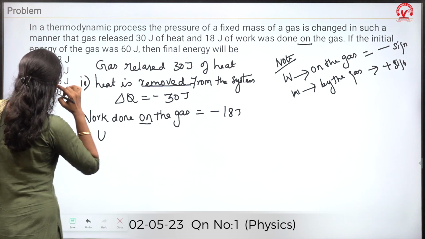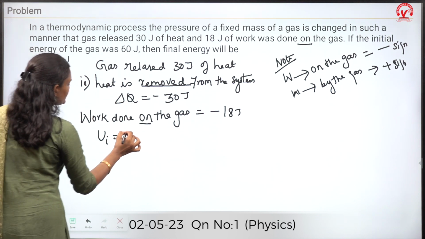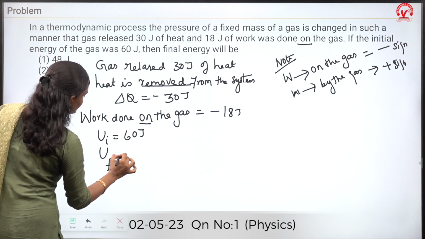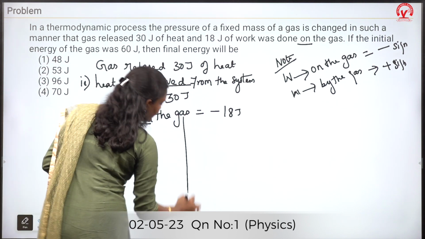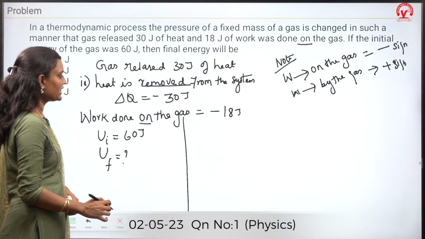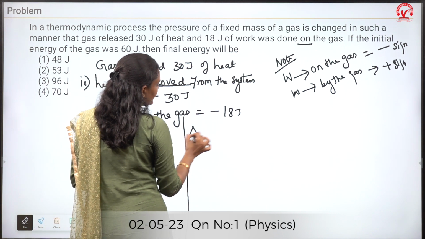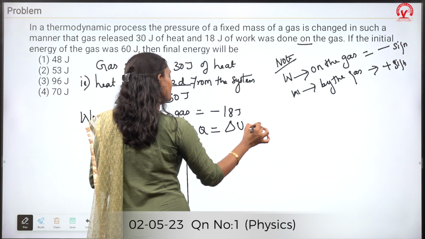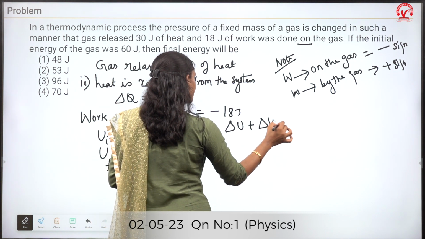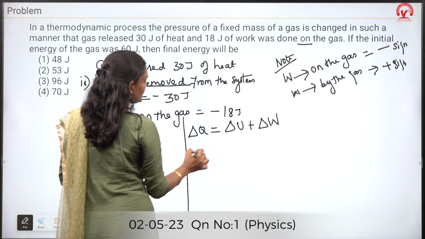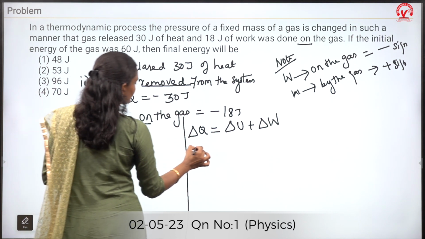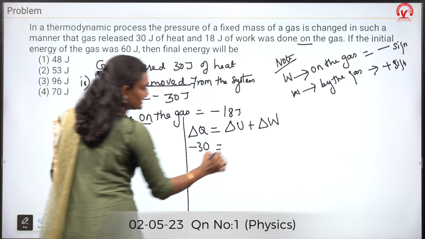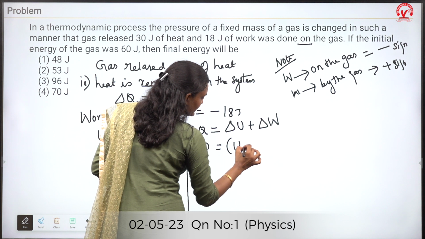Now given initial energy as Ui is equal to 60 joule. We need to find the final energy. According to the first law of thermodynamics, heat released is equal to delta U plus work done. Heat released is 30 joule, and the change in energy can be written as final minus initial.